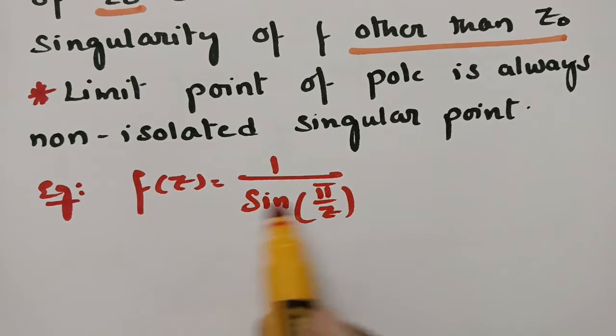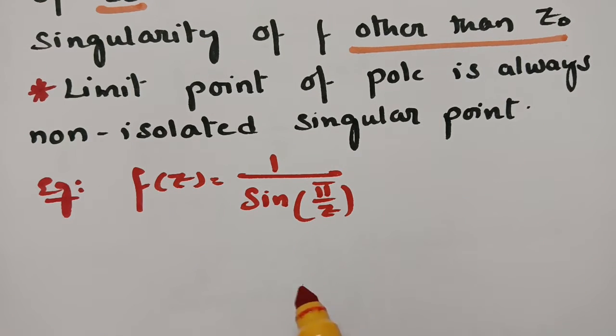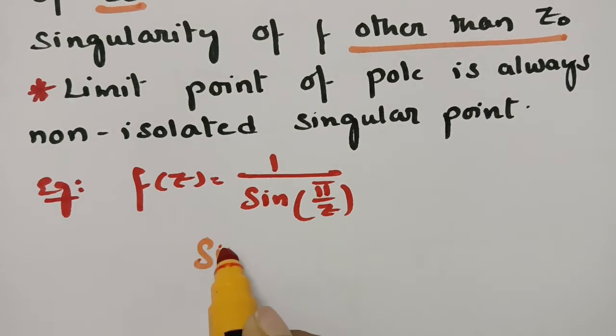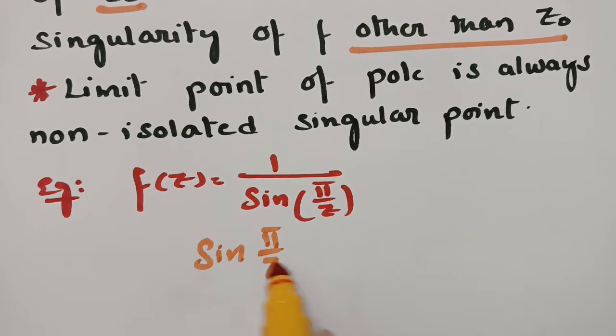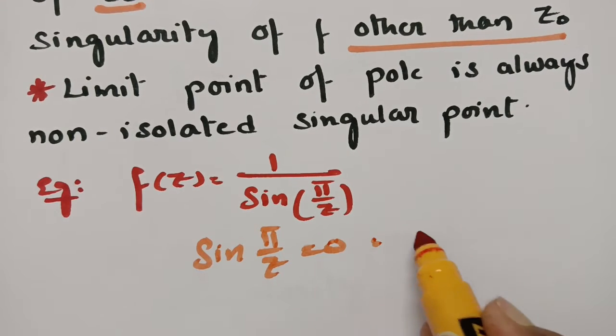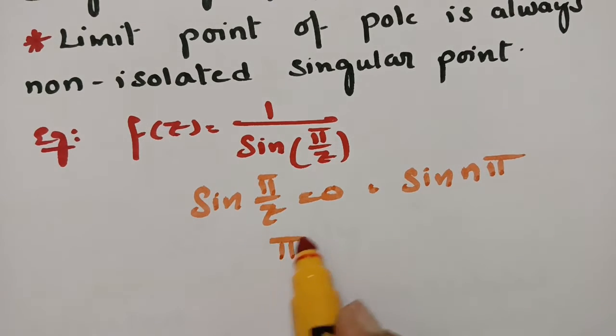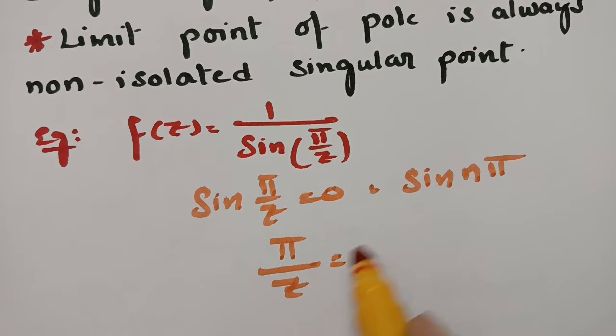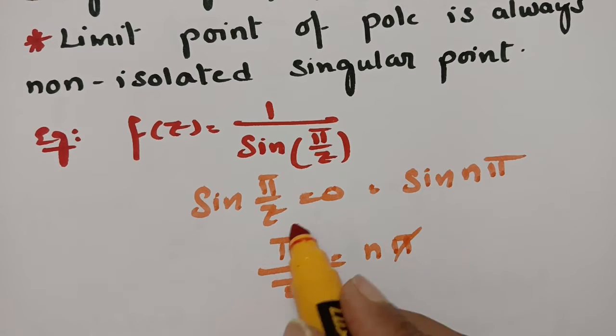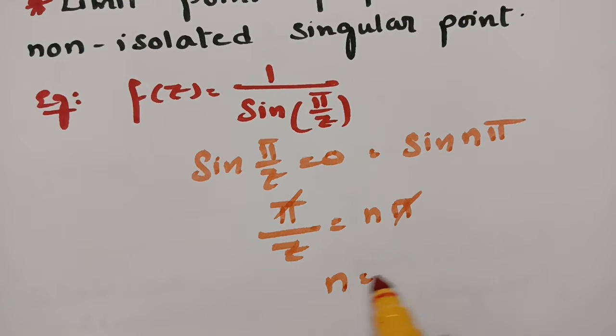For example, f of z is equal to 1 by sine pi by z. So if you equate this denominator to 0, when will it become 0? For n pi. So if you equate pi by z is equal to n pi, and after cancelling pi, n is equal to 1 by z. So we need the value of z.